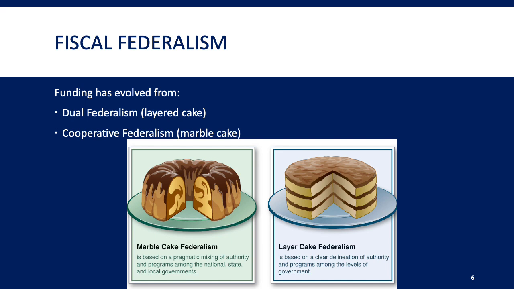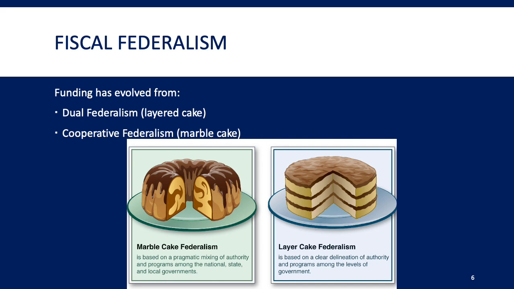We have this clear shift that has taken where much of the funding for state and local projects comes from the national government. But it's separated, right? There's this clear definition of who has these powers and who gets to decide what to do. And so we have different levels of government involved, different layers of cake.